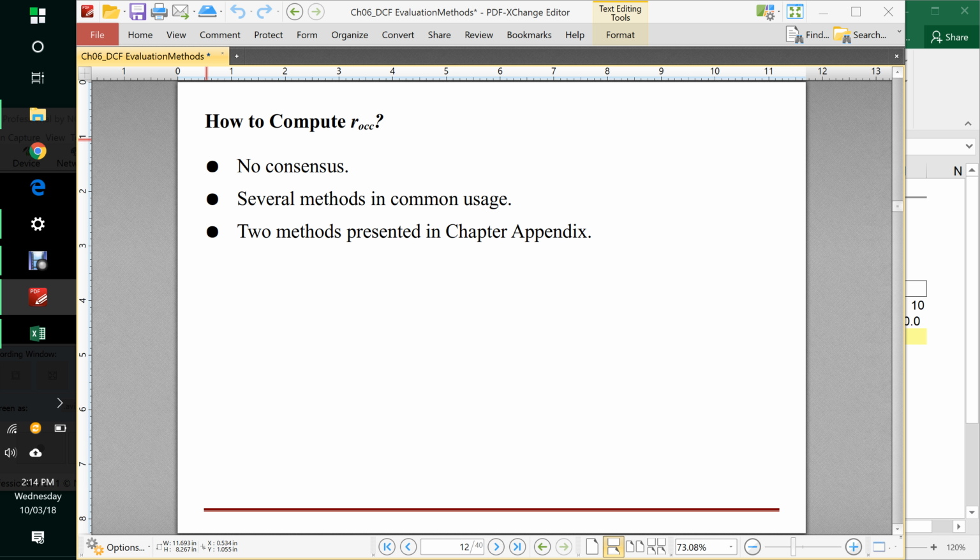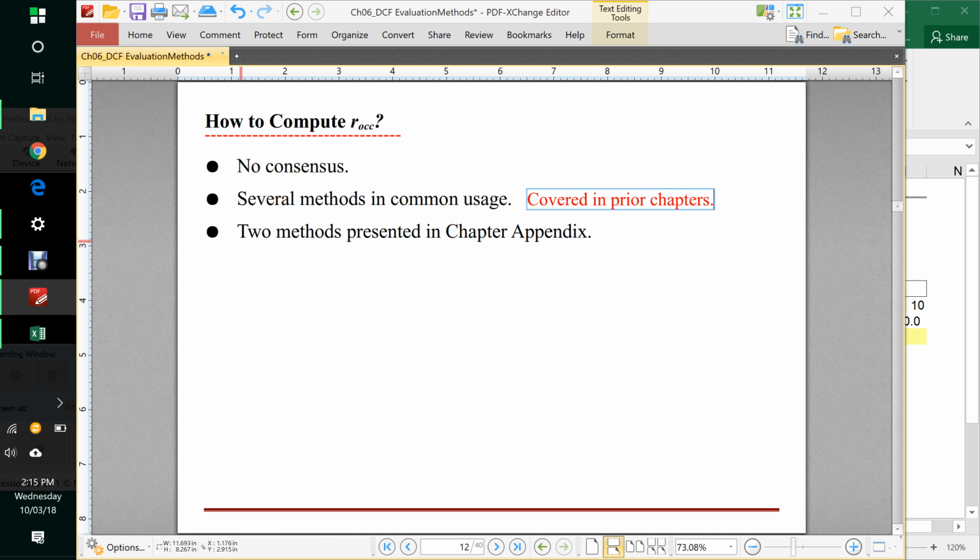Okay, so how do we compute this beautiful opportunity cost of capital? As with many things in finance, there is no consensus. There are several methods in common usage which are covered in the prior chapters, which you will be able to look at on video.